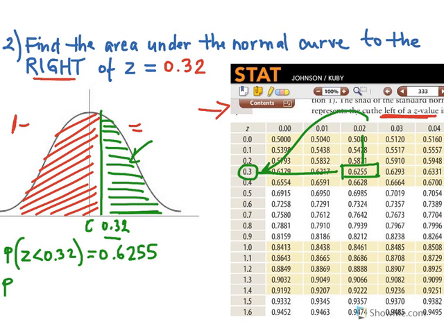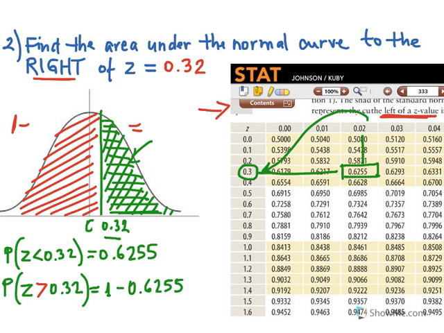But the probability of z greater than 0.32, which is this area over here, will be 1 minus 0.6255, which is equal to 0.3745. So that's the correct answer.